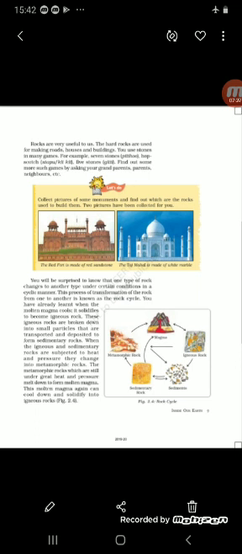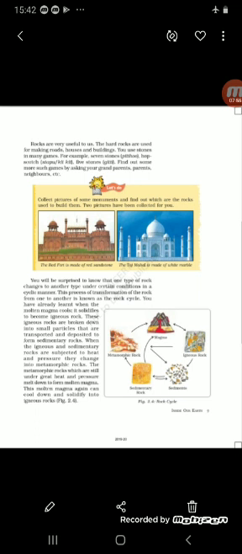Hopscotch is also called stapu or kit. 5 stones, gitti. Find out some more such games by asking your grandparents, parents, neighbors, etc. As you know, metamorphic rocks form when igneous and sedimentary rocks are subjected to heat and high pressure.